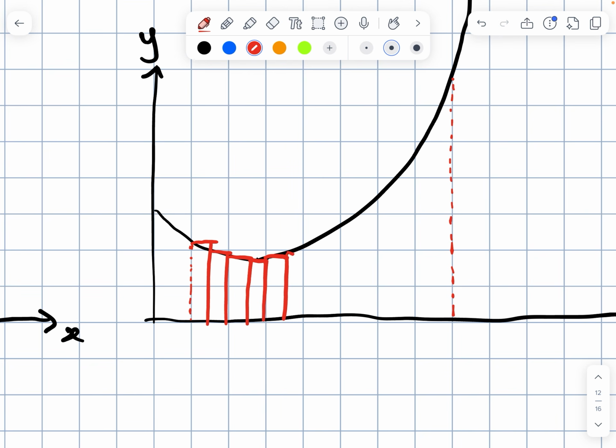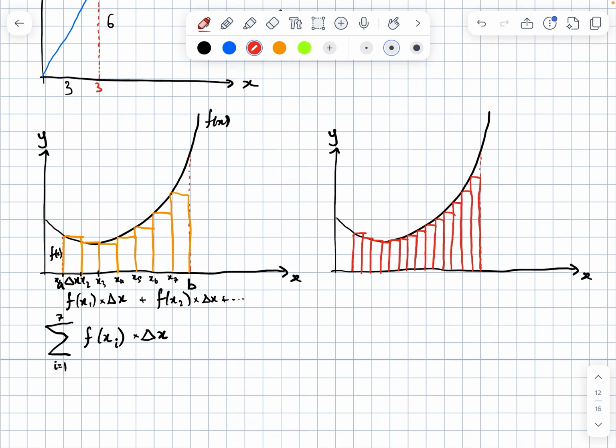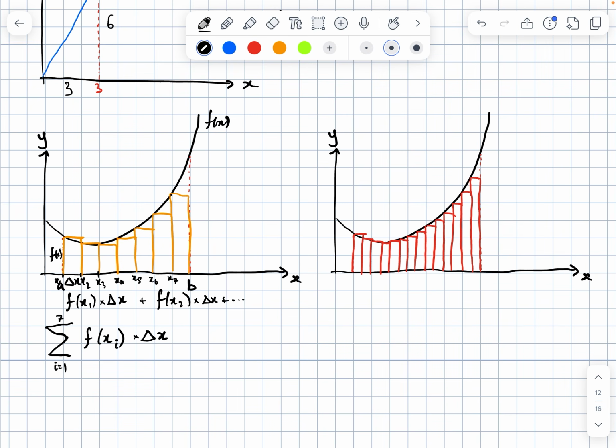Now the steeper the curve gets, the more this is going to cause an error. But if we compare these rectangles to the earlier ones, I'm hoping you might be able to see that the amount of error is a lot less.